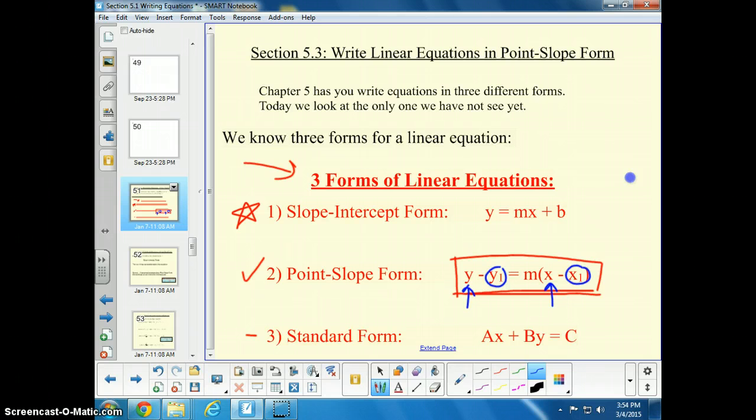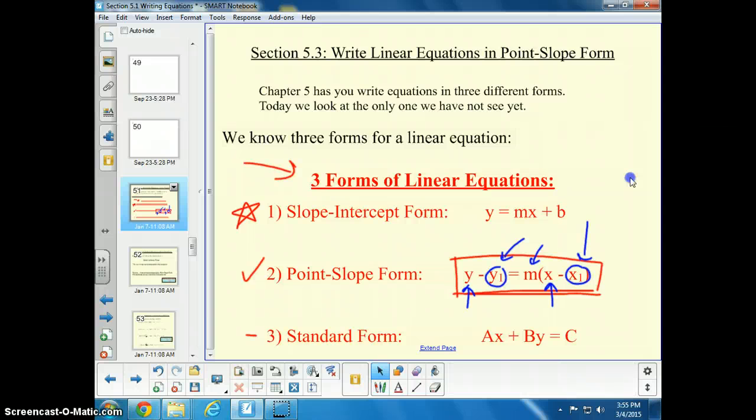What those are there for is that in point-slope form, there are certain numbers that we're going to plug in, just like in slope-intercept form, just like in standard form. And in this particular case, this is where we're going to plug in some numbers to make our equation. And hopefully that variable m is another one we recognize. M is usually the slope of our line. That also shows up in point-slope form.